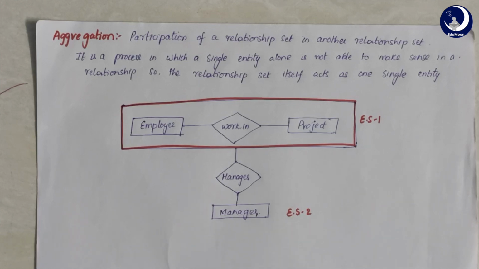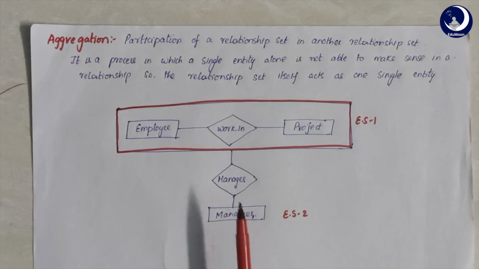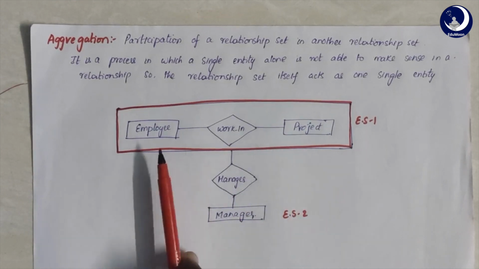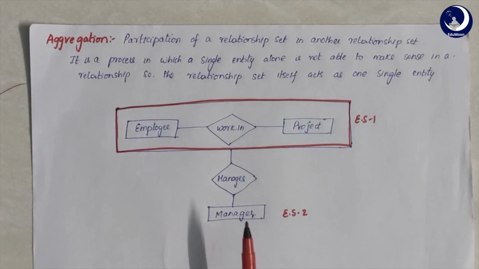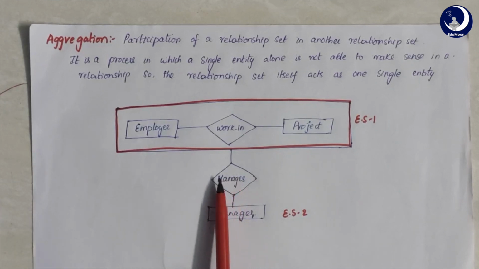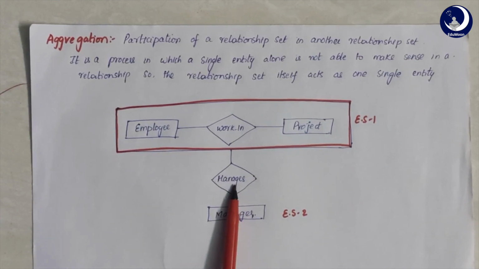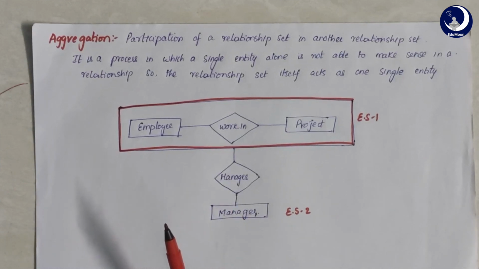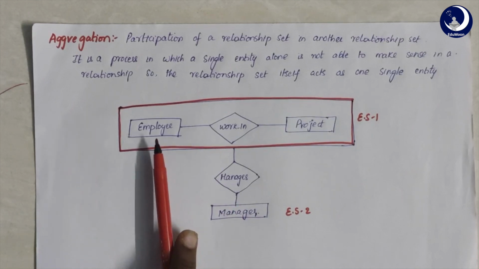For example, there is a manager who manages the project and the employees involved in that project. If I have a relationship only between the employee and manager, this won't make sense, because a manager working in a project not only manages the activities of the project but also manages the employees as well.